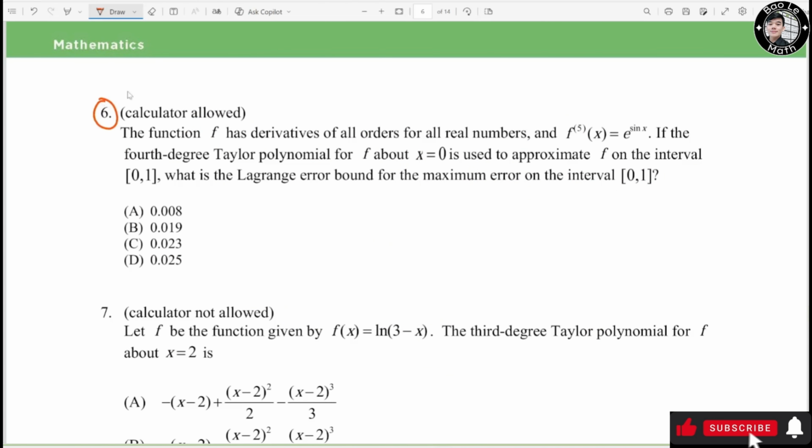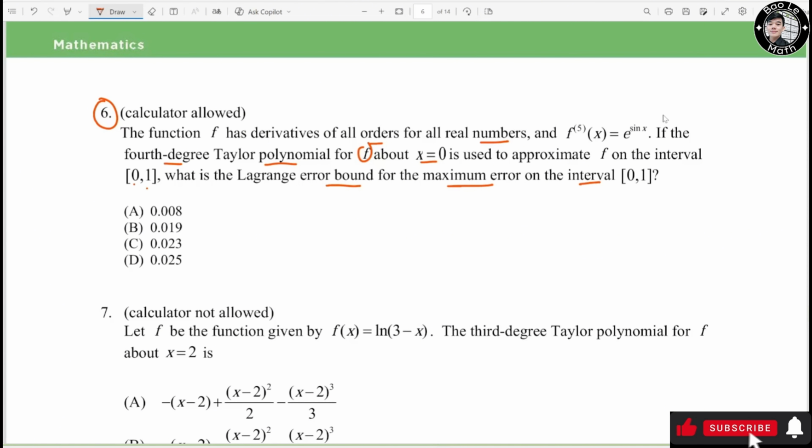Now, let's move on to question 6. The function f has derivatives of all orders for all real numbers, and the fifth derivative of the function f is e to the s. If the 4th-degree Taylor polynomial for the function f about s equals 0 is used to approximate the function f on the interval 0 to 1, what is the Lagrange error bound for the maximum error on the interval 0 to 1?